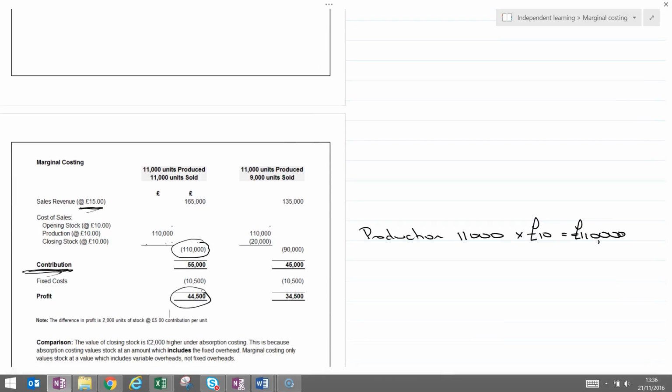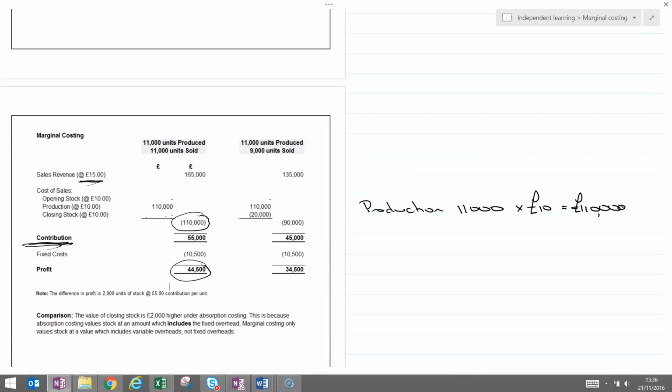Now we look at 11,000 units produced, 9,000 units sold. So sales revenue, 9,000 at £15, gives us 135,000. Then we need our cost of sales. Opening stock is 0. Production, well, we produced 11,000 units, and production cost, because it's marginal costing, is £10.